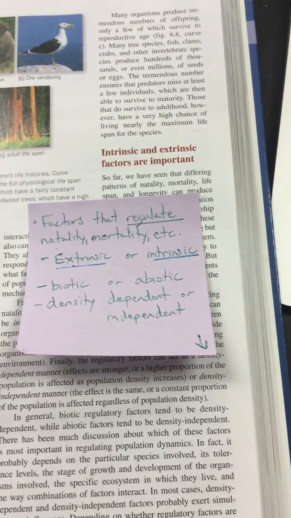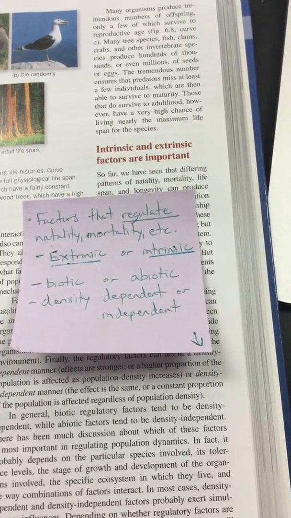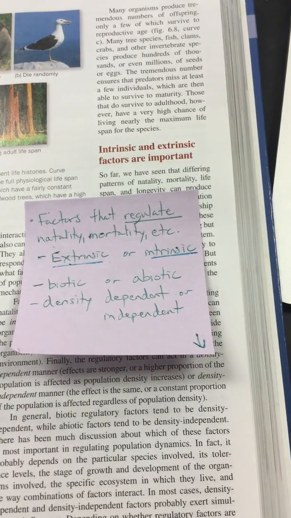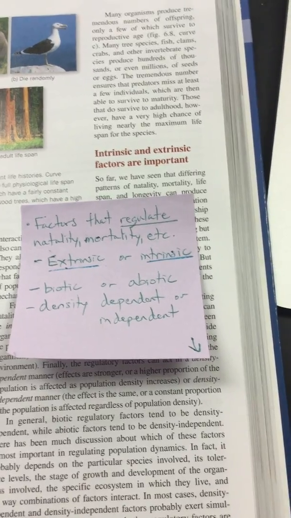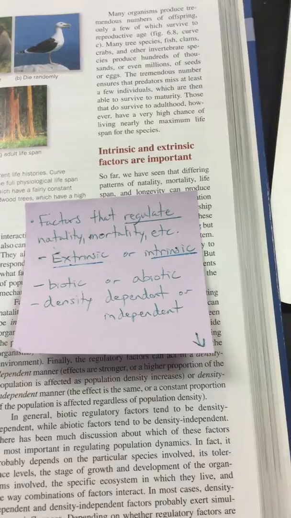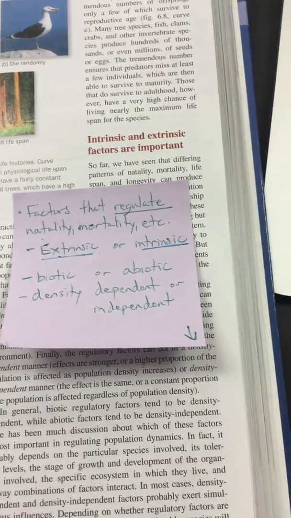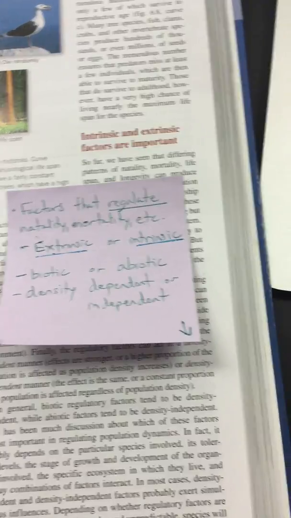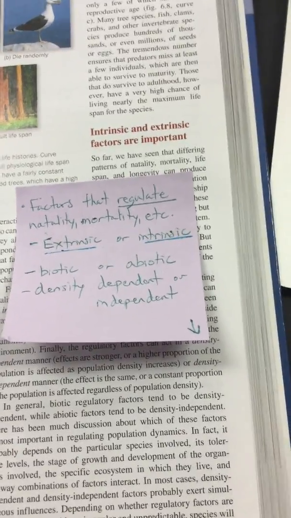Yeah. So a drought, is that density dependent or density independent? Independent, right? Because it's going to affect the population whether there are 100 of them or 10 of them. You could argue that if there are 10 of them, then there's still more water to go around, so there's a little bit of argument there, but most natural disasters are density independent.